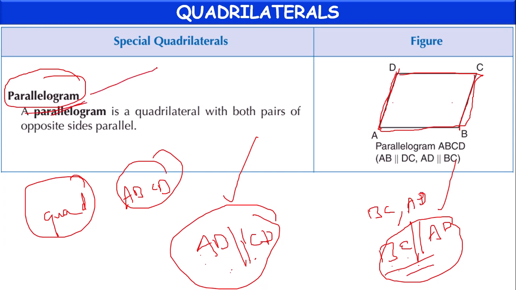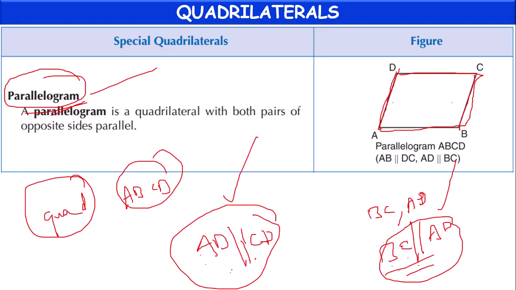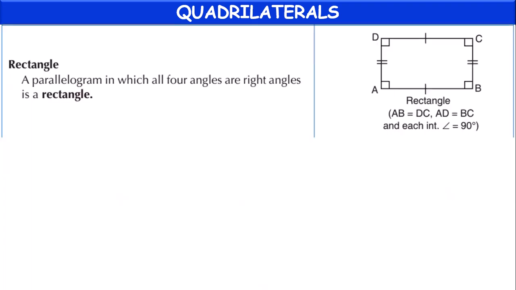So it is a kind of quadrilateral having this property: opposite sides are parallel, two pairs. Regarding complete properties of parallelogram, we will be learning in the coming slides children. It's just an introduction. What is a parallelogram?